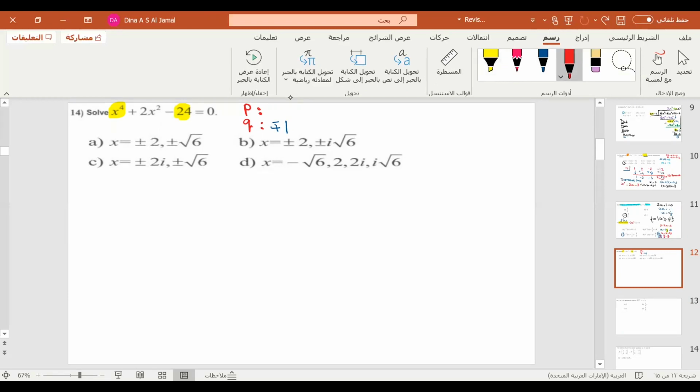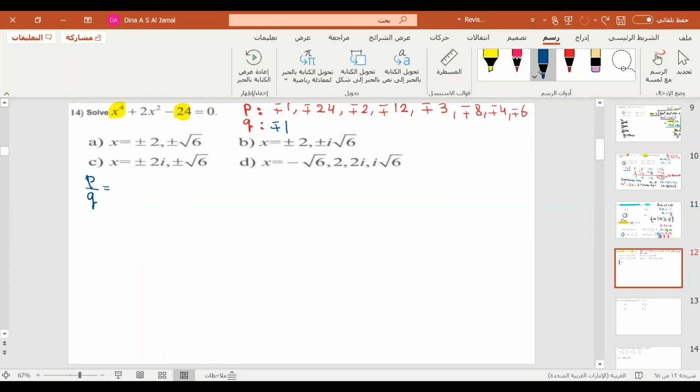So it will be plus or minus 1, plus or minus 24, plus or minus 2, plus or minus 12, plus or minus 3, plus or minus 8, plus or minus 4, plus or minus 6. Now, lastly, you need to find P over Q, which is the rational zero.